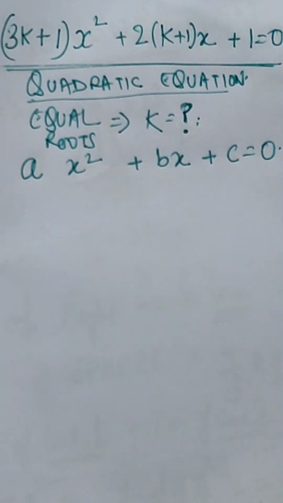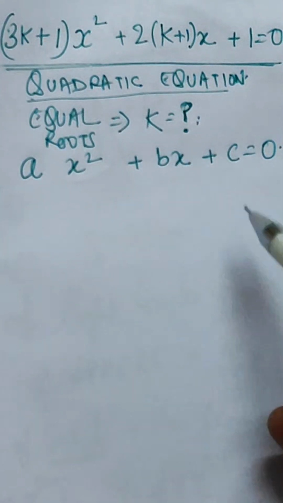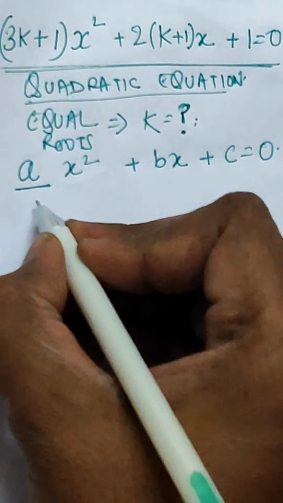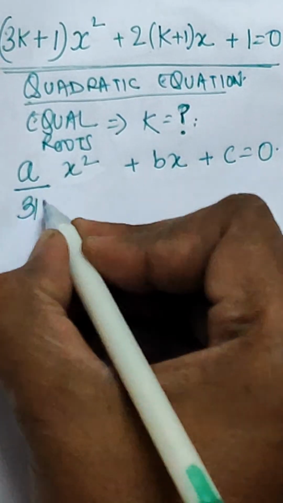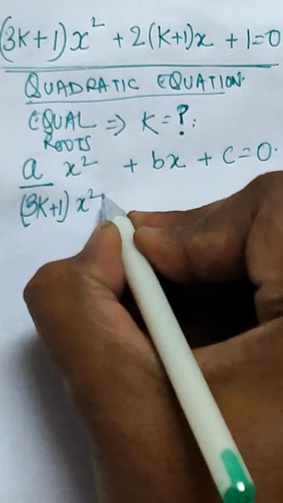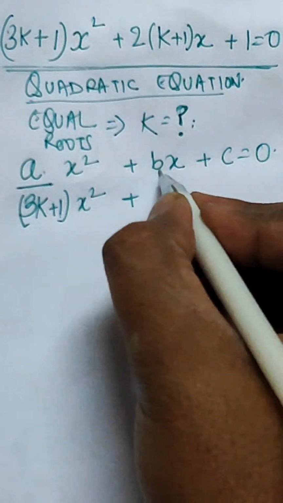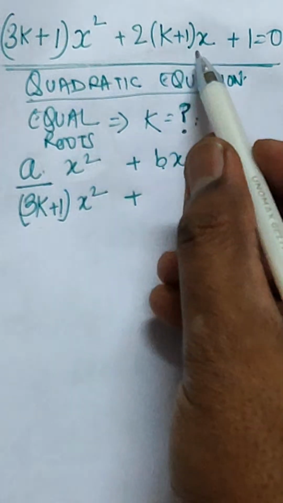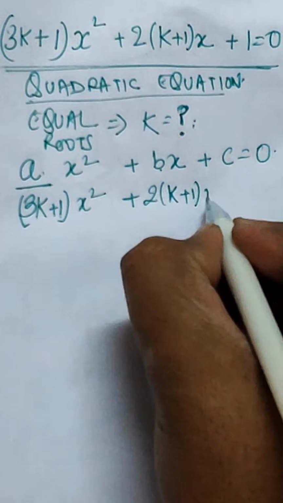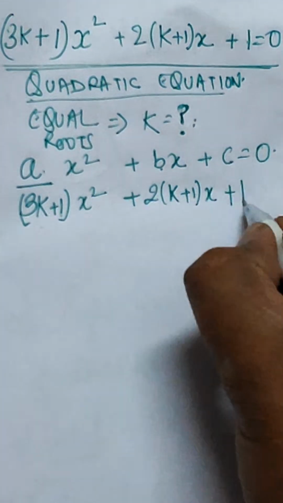When you compare the above quadratic equation with this, you find that in place of a it's 3k plus 1, in place of b it's 2 times (k plus 1), and in place of c it's 1.